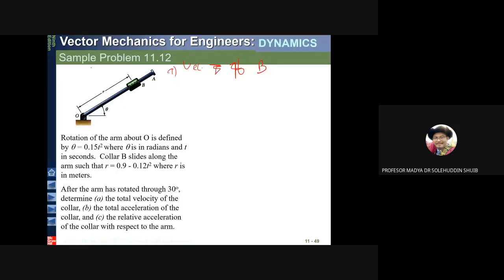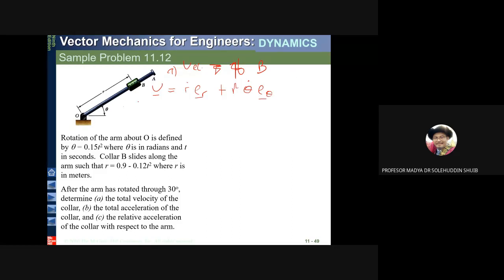For the velocity, we have V equal to r dot unit radial plus r theta dot unit transverse.